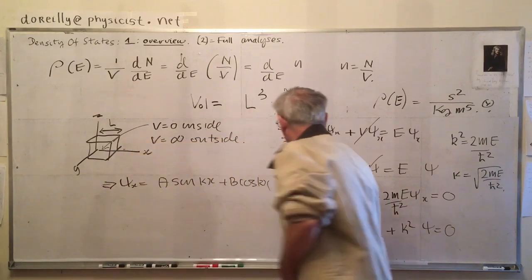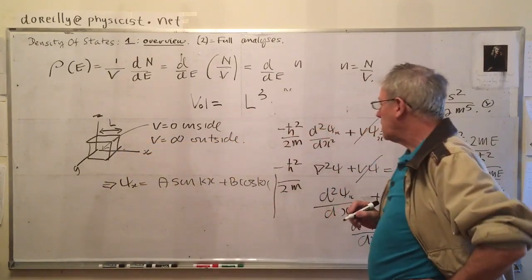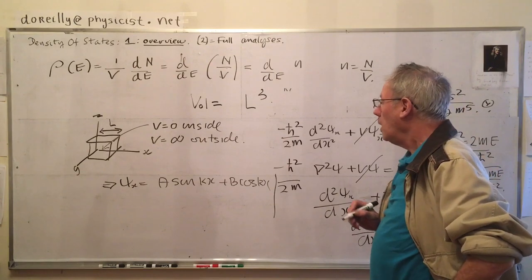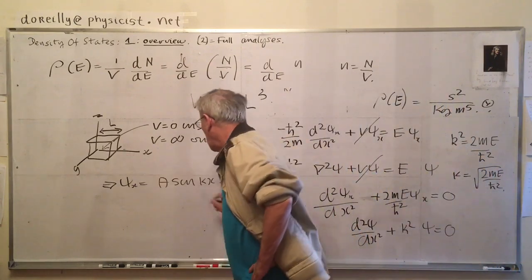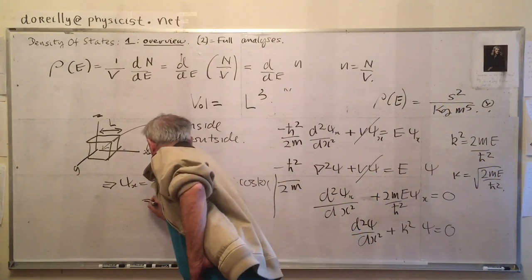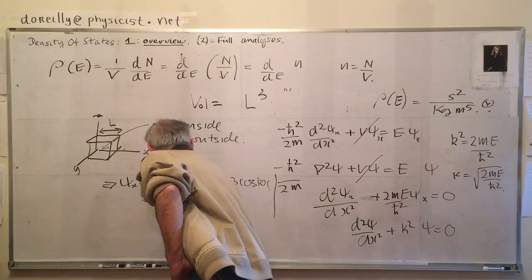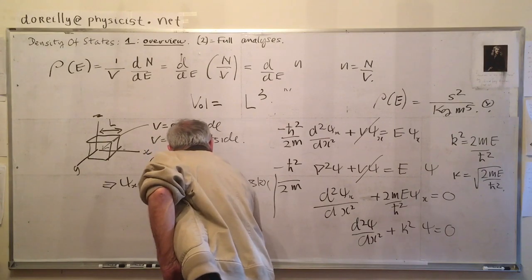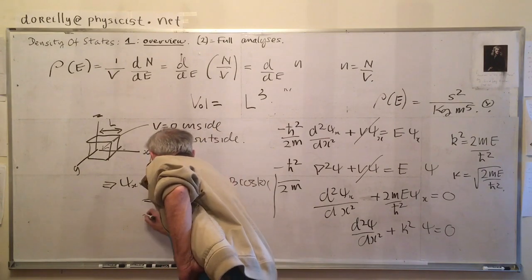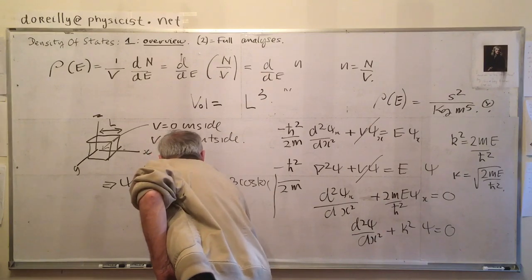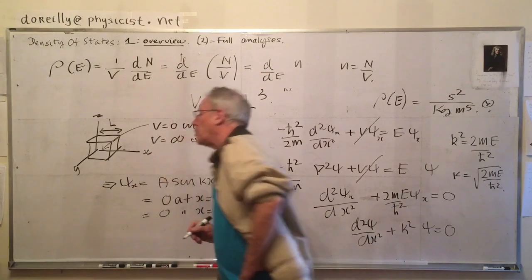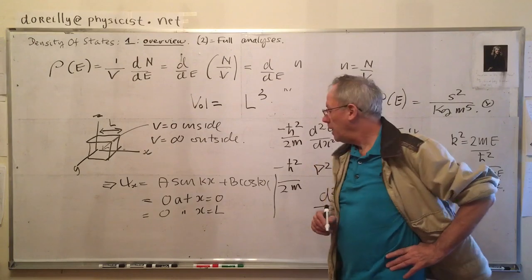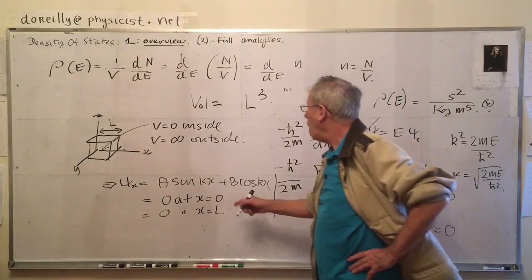The solution to this equation is a sine kx plus b cos kx. Now, we require the solution to be 0 on the boundary at x equals 0 and x equals L. Now what obeys that?